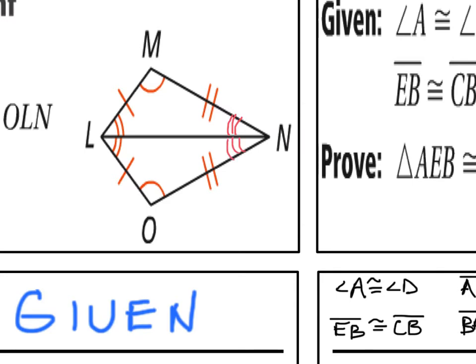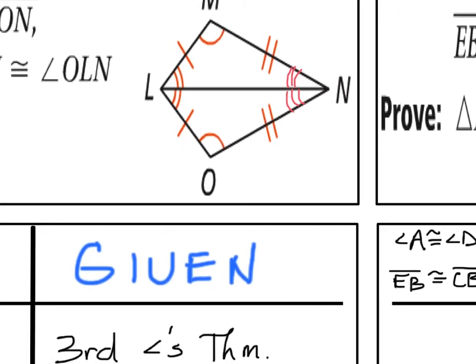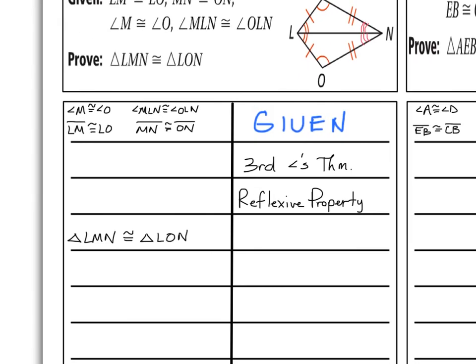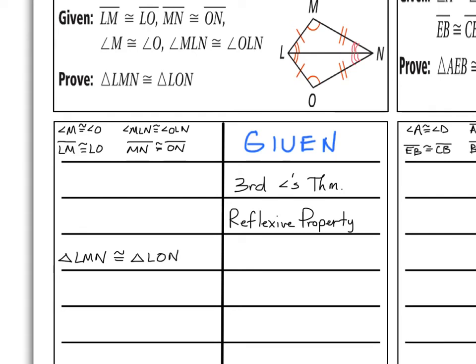Now, the big thing is you have to be able to name them. Okay? So, when I go back and I look here at my reasons, I have to be able to name this angle and this angle. And I have to name them properly, and they have to be in order. So I'm going to name the first one angle MNL. Remember, on the first one, it doesn't matter how you name it, as long as N is in the middle.